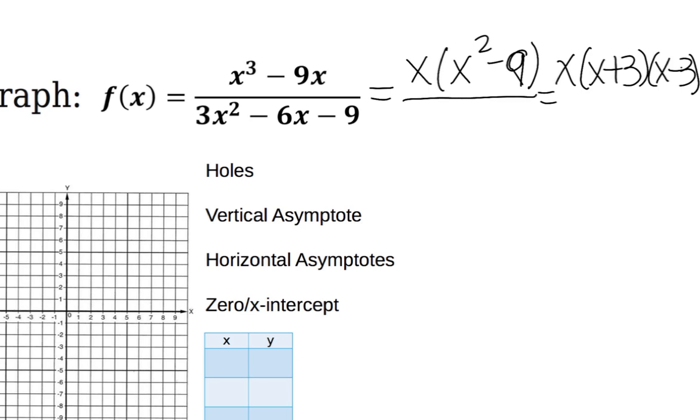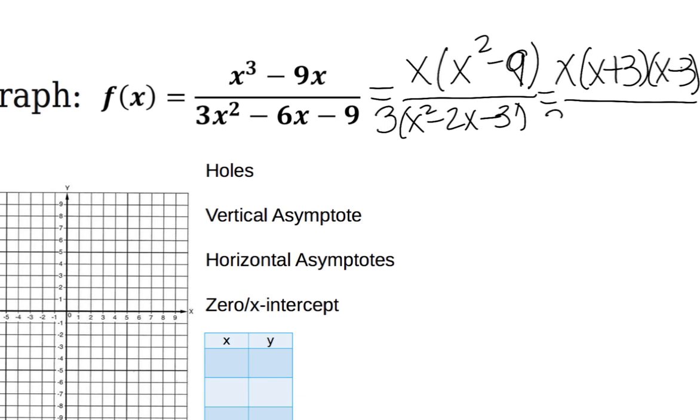And then if we look at the denominator, 3x squared minus 6x minus 9 also has a GCF. You can see that they all have a 3 in common. So I can take out a 3. And when I do that, I'm left with x squared minus 2x minus 3. So now I can continue to factor using the AC method.